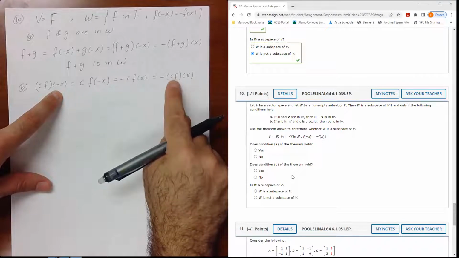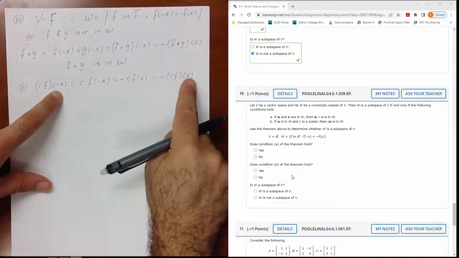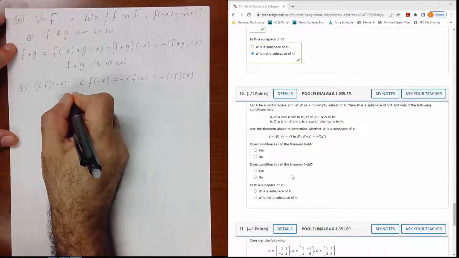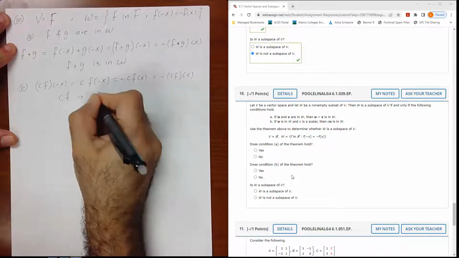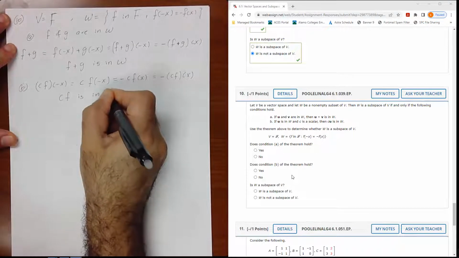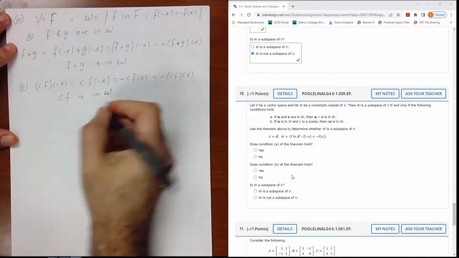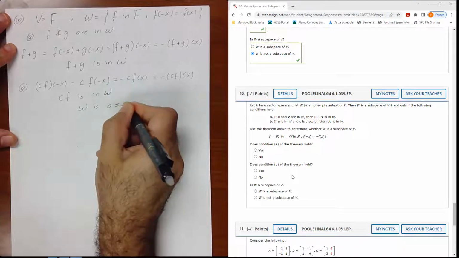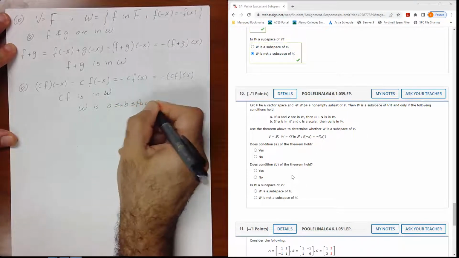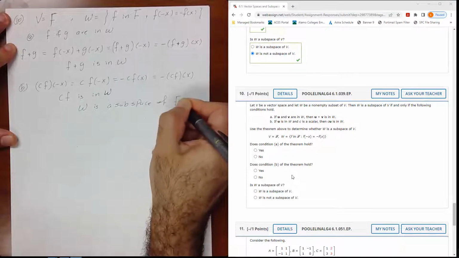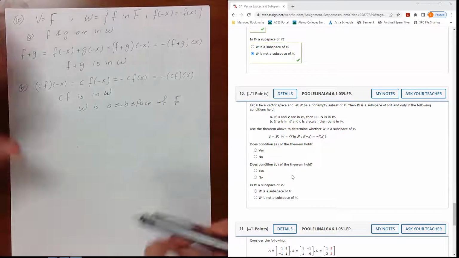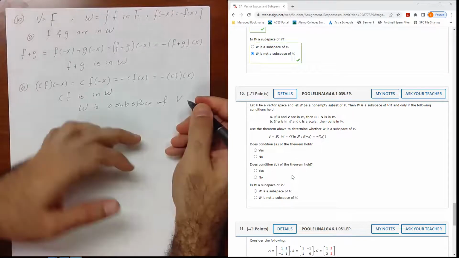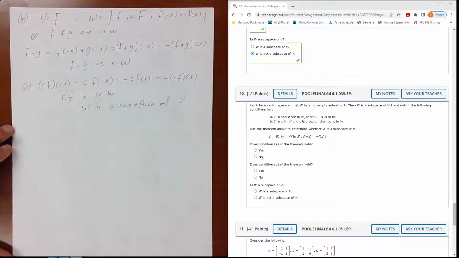This is a function with the scalar, and this is the input x. So cf is in W. That means W is a subspace of capital F of V. So the first one, yes.